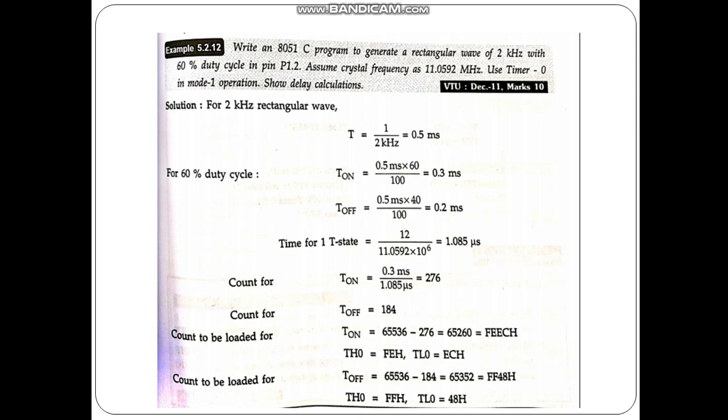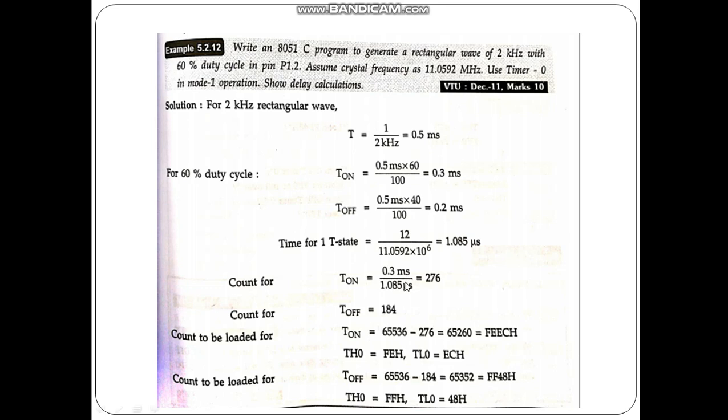Here the oscillator frequency is given as 11.0592 MHz. So the timer frequency is oscillator frequency divided by 12, and the timer delay is the inverse of frequency, which comes up to 1.085 microseconds.